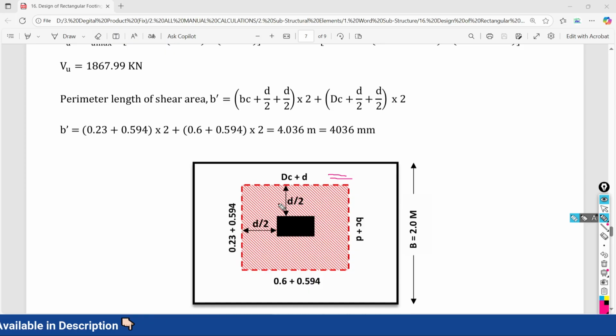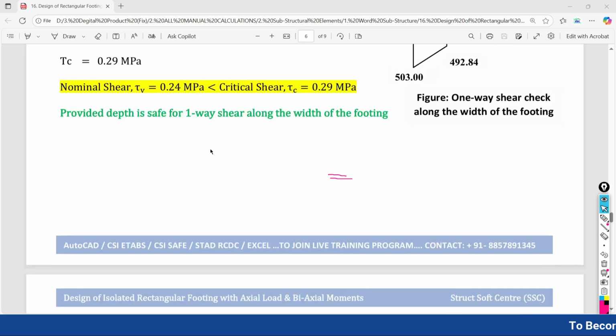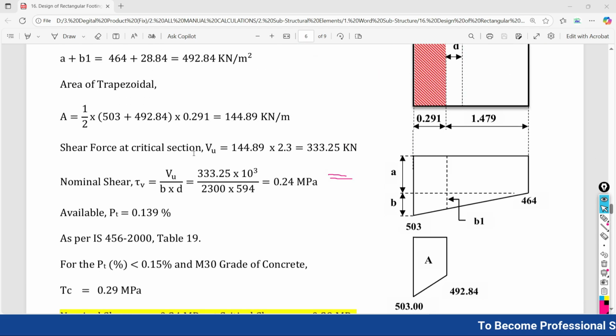But in the case of two-way shear we are considering the overall footing, and that's why we have to consider the overall maximum pressure. When we performed the one-way shear, we looked at the maximum pressure and minimum pressure along the width.